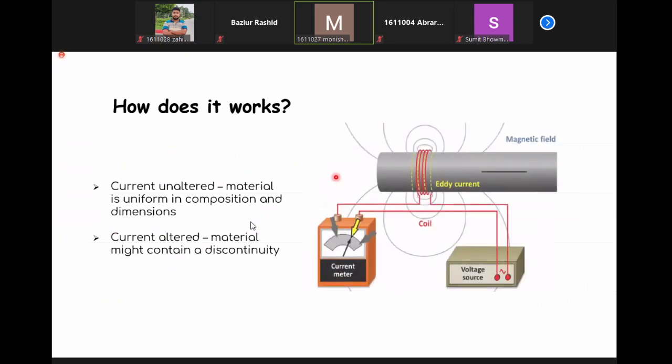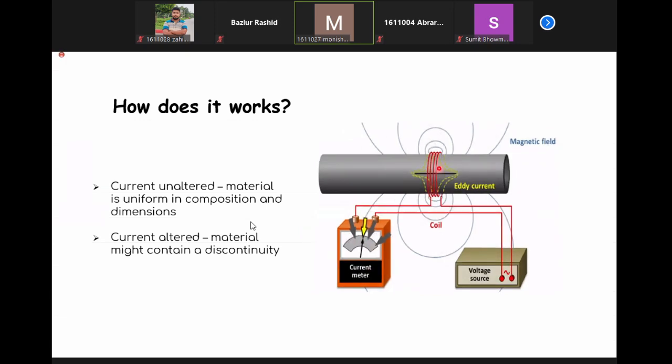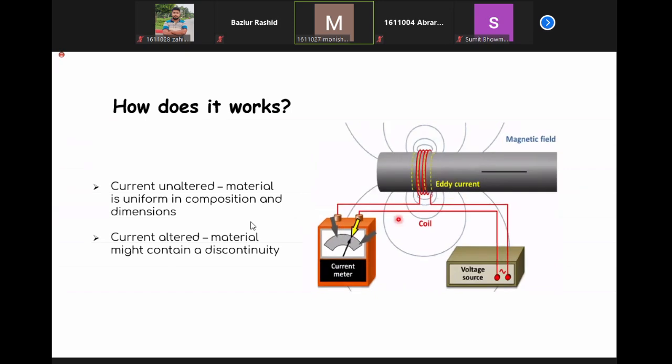So how does it work? When there's no discontinuity or crack, the amount of current will give a fixed value. But if there's any crack, the path of the eddy current will be disturbed and the current value will decrease, indicating the presence of a discontinuity.